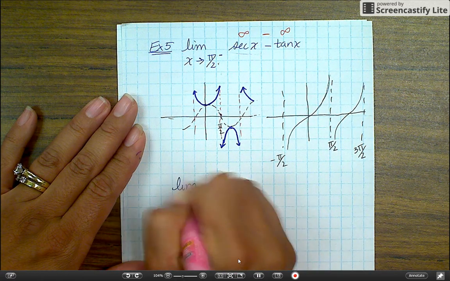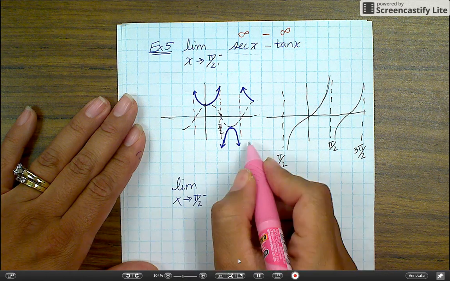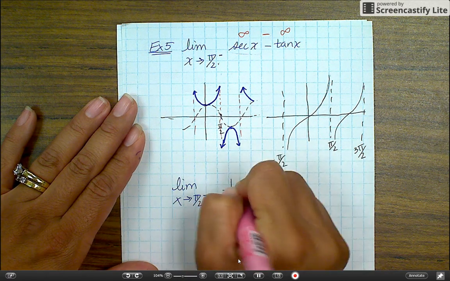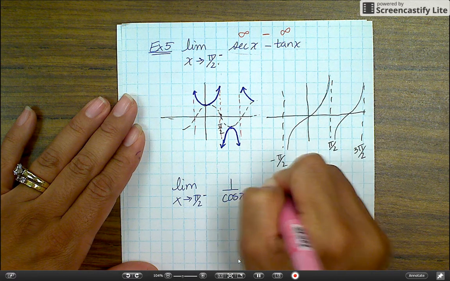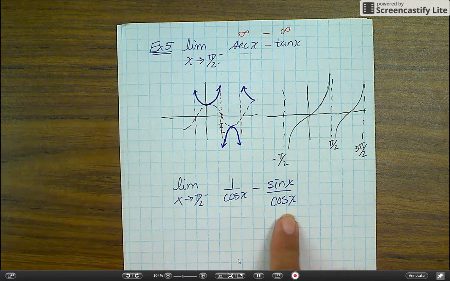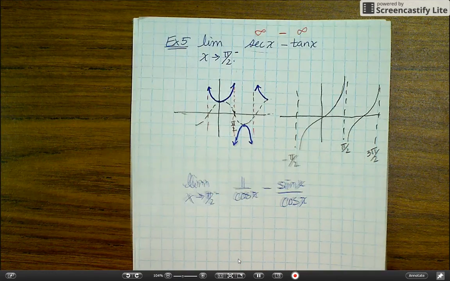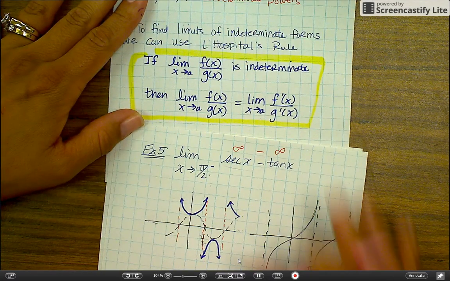This is limit as x goes to pi over 2 from the left. And what is secant? Secant is 1 over cosine x. What is tangent? It is sine x all over cosine x. Now, I have these both in fraction form. Is that what I'm supposed to have before I do L'Hopital's rule? Let me see.